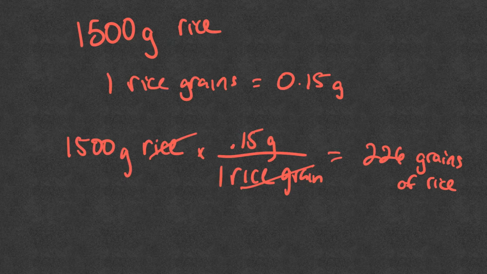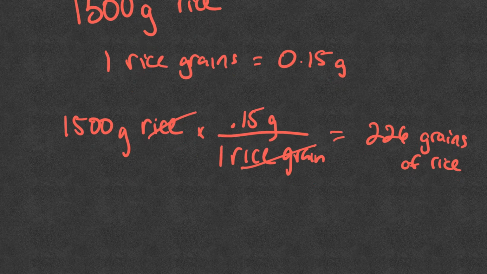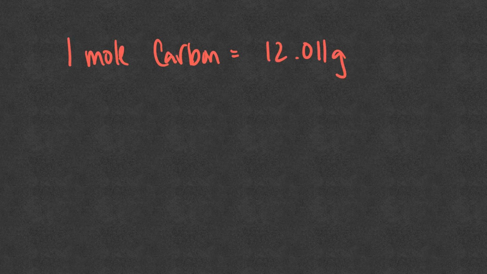Same idea with chemistry. We know that for every 1 mole of carbon, the mass is 12.011 grams of carbon atoms.